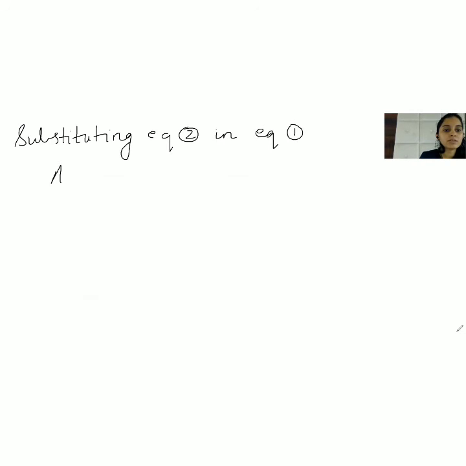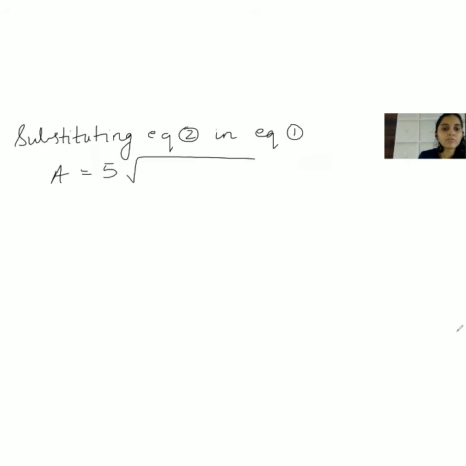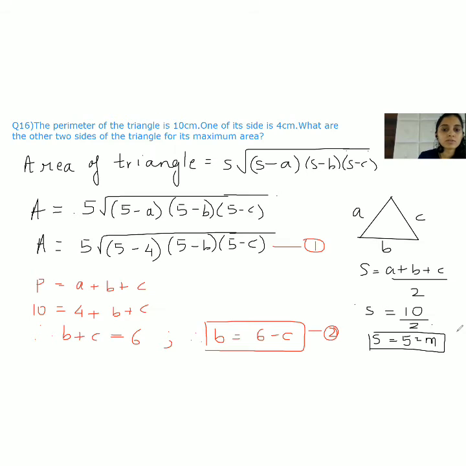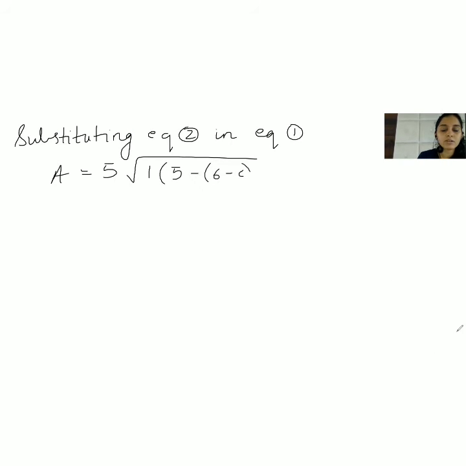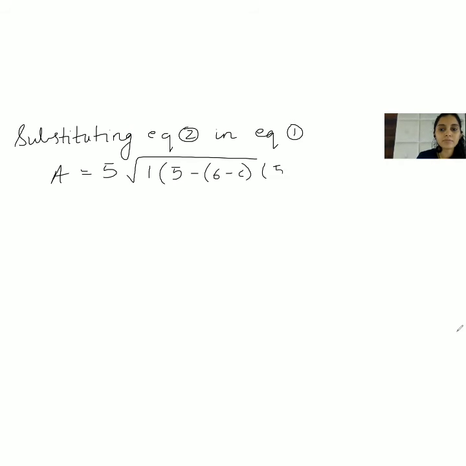So we have area is equal to 5 under root of 5 minus 4, which is 1, 5 minus, what is the B value? 6 minus C. So let us put 6 minus C here. And 5 minus C. So we are going to get 5 under root of 5 minus 6 minus C.